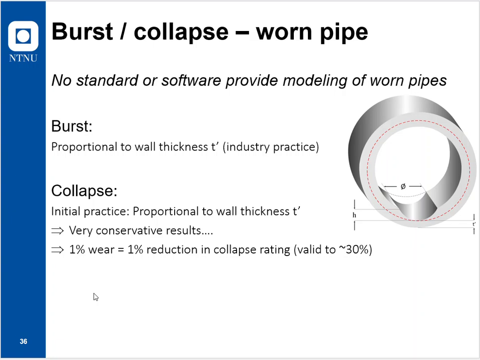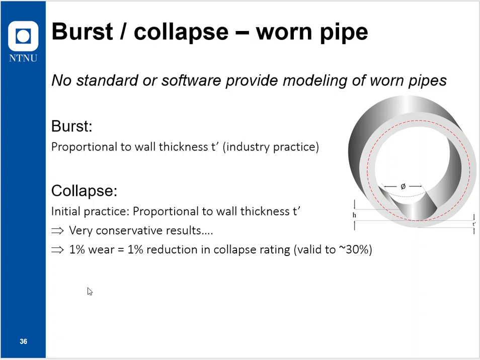Now, when it comes to collapse, the story is quite different. It's not straightforward at all, really. You have an approximation and rule of thumb in the industry. You won't find, as I said, any of this in any standard, or there's no software basically that provides a rating as per se.